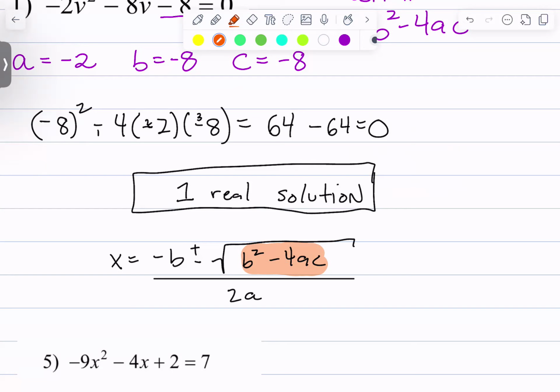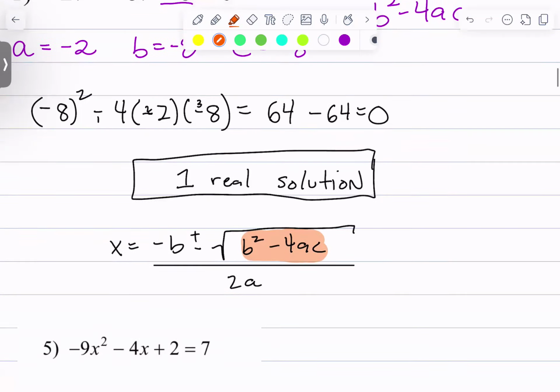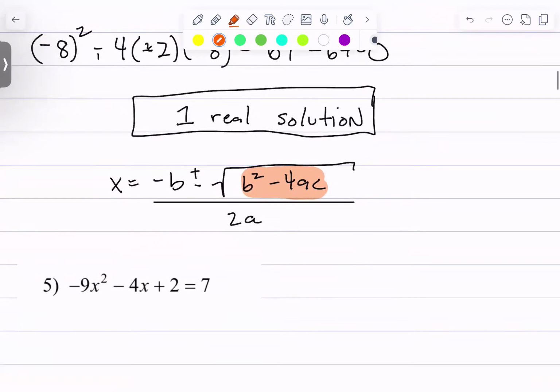If it's equal to 0, the square root of 0 is 0, so -b plus or minus 0 is the same number, so we only have one real solution. And if it's a positive number, then the square root of a positive number is a real number, so I have -b plus that real number, or -b minus that real number, divided by 2a. So that's why I have 1, 0, or 2.